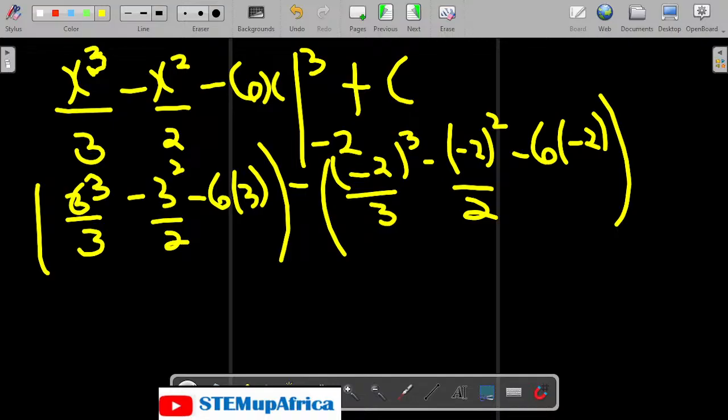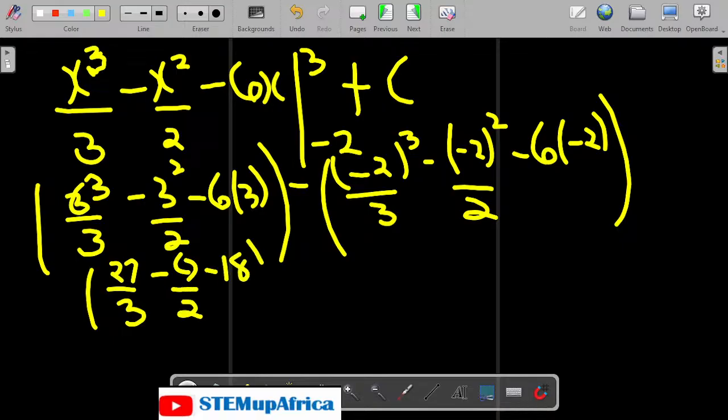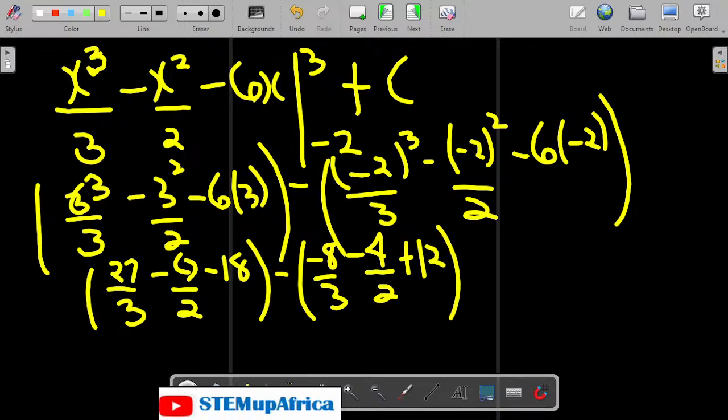So 3 raised to power 3 will give us 27. I'm having 27 over 3 minus 9 over 2 minus 18. Here I'm having minus 8 over 3 minus 4 over 2 plus 12.